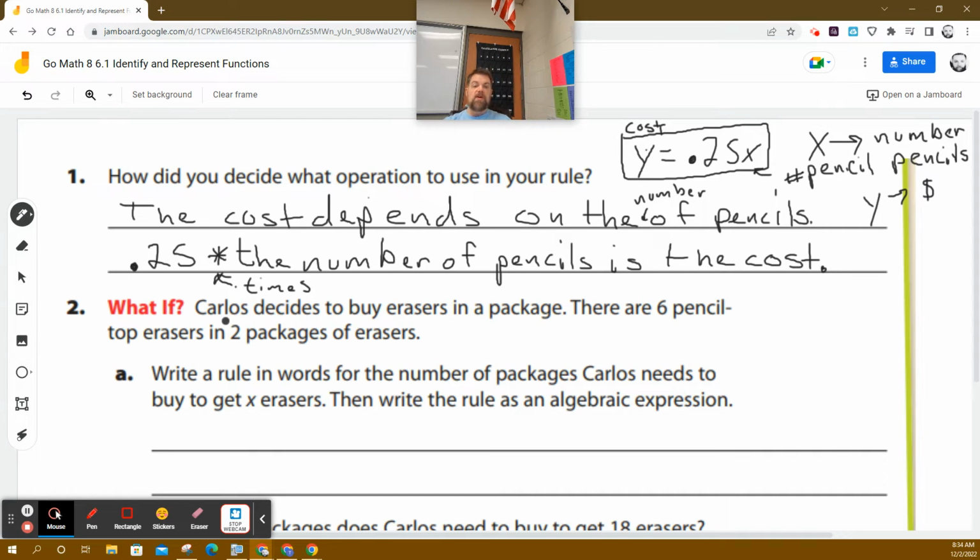Okay? So it says, what if Carlos decides to buy erasers in packages and there are 6 pencil-top erasers, 2 packages of erasers? How do I figure out what the cost is?